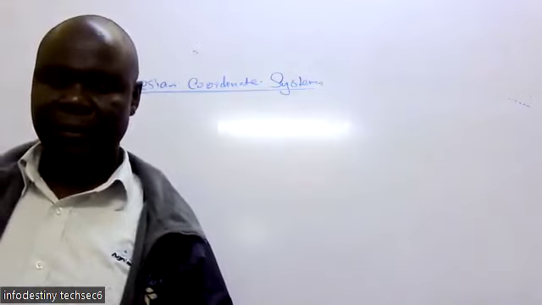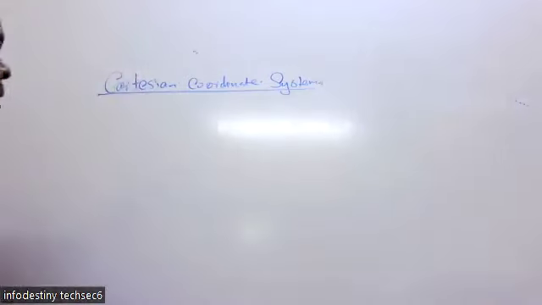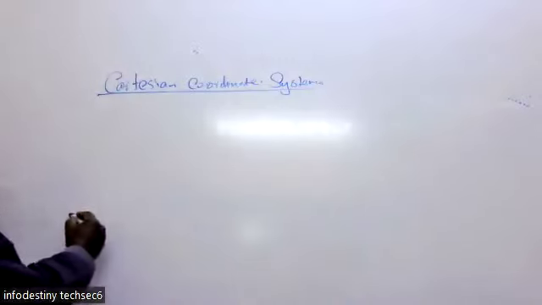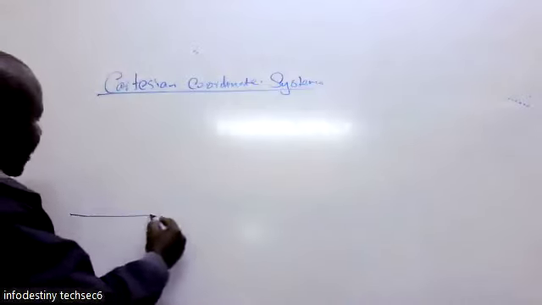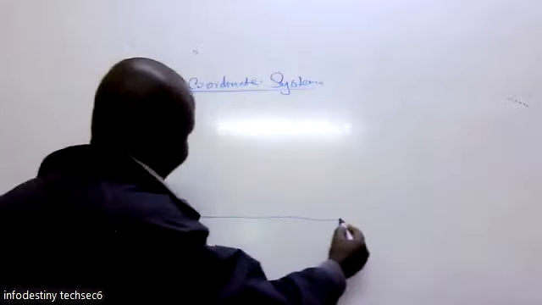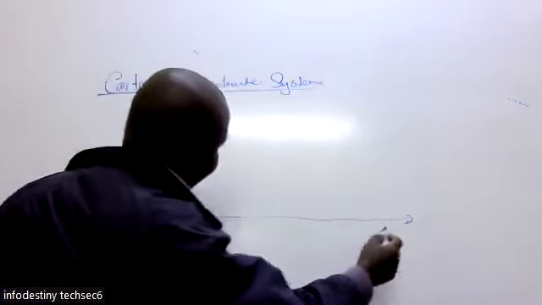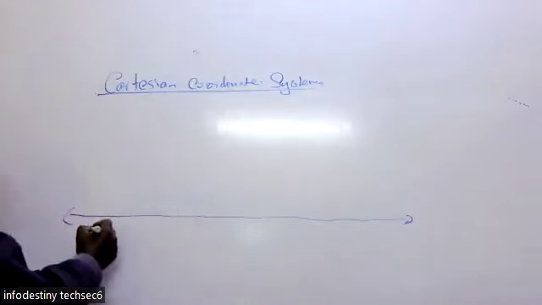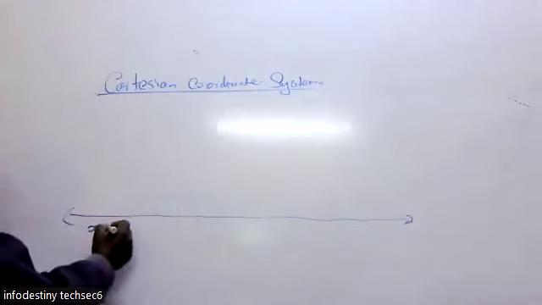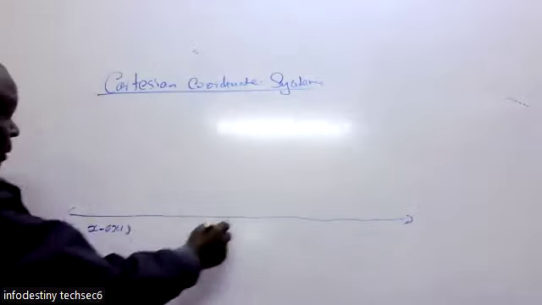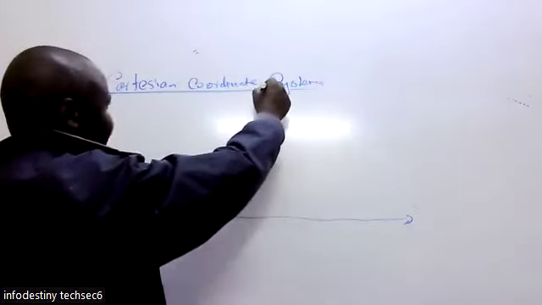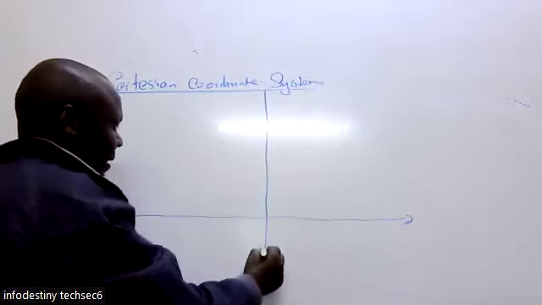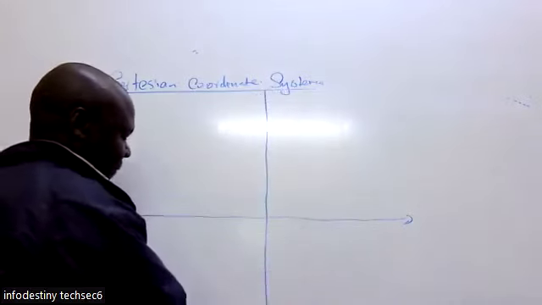So when you talk about the lines, you are going to have a straight line like this. This one, which you are seeing on this side, is known as the x-axis. Then you are going to have a perpendicular line intersecting this x-axis like this.